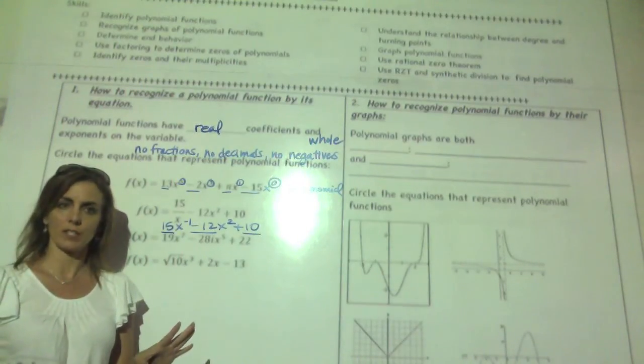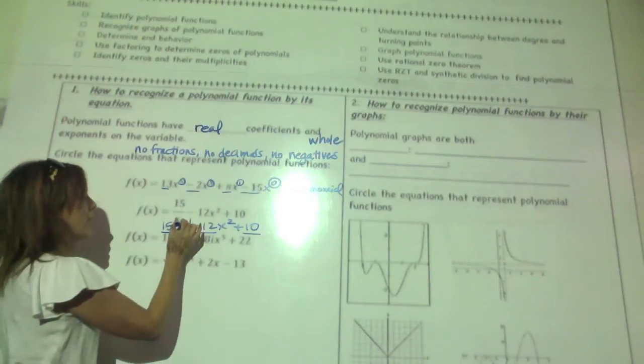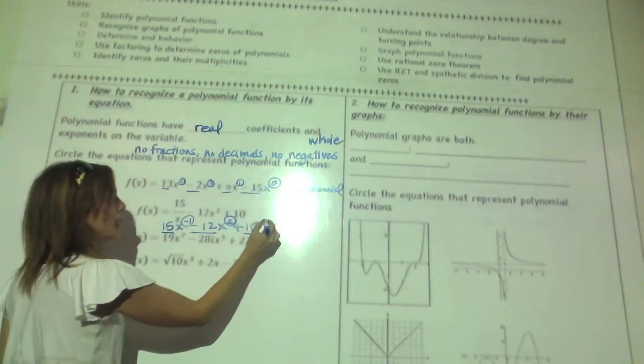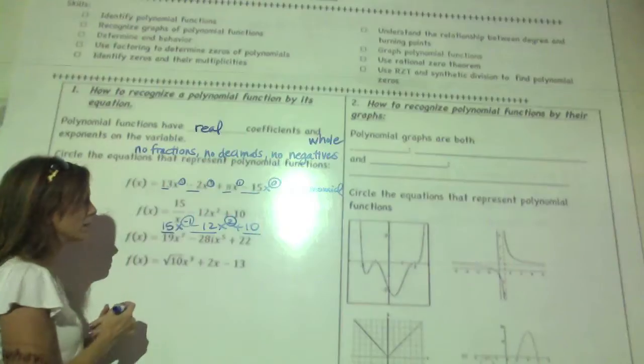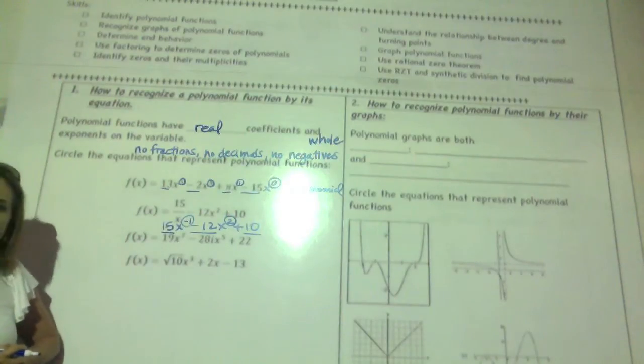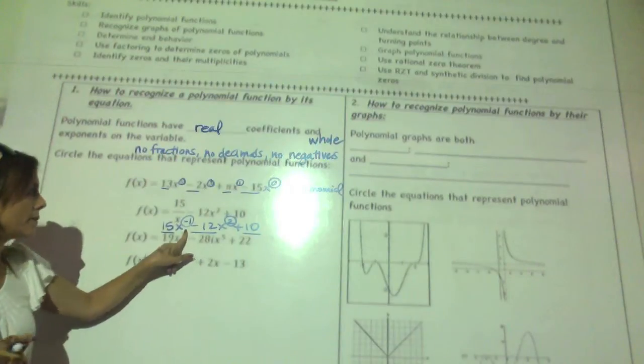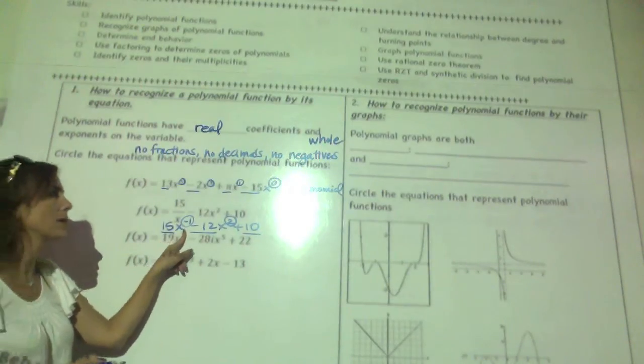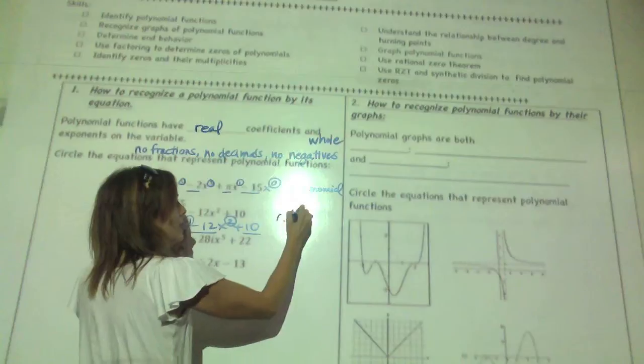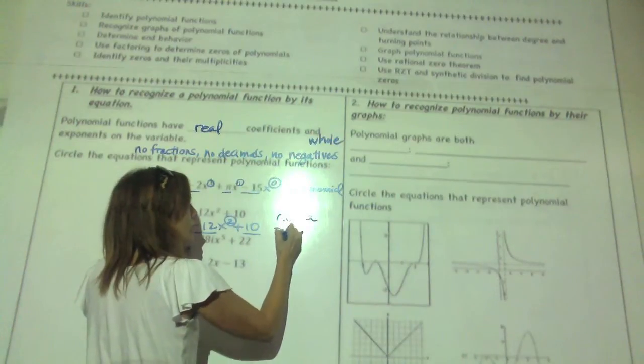All my coefficients are real. That's good. My exponents, negative 1, 2, and 0. We have a problem. That negative means we do not have a polynomial. Our exponents need to be whole, so this is not a polynomial.